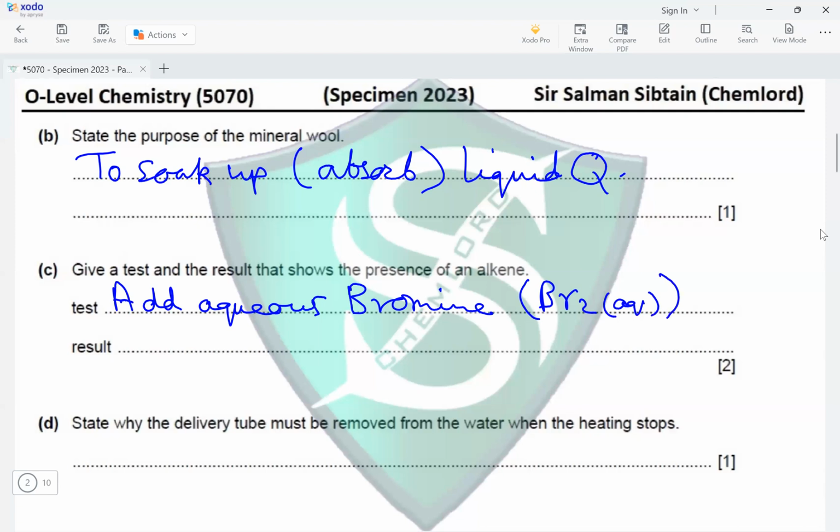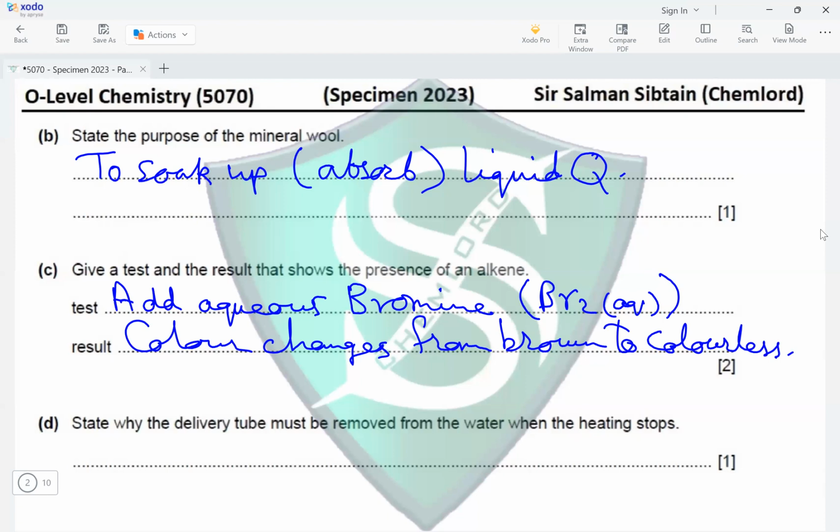And the result that we will obtain would be that the color changes from brown to colorless, or we can write that the brown color of bromine is discharged because bromine adds onto the alkene. So color changes from brown to colorless.